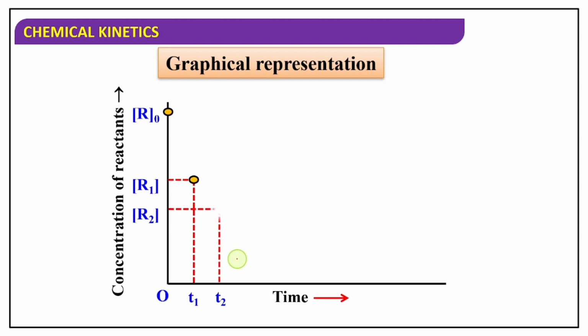At time t2, I observe the concentration of the reactant R2. You can clearly see as time increases, the concentration of the reactant keeps on decreasing, right? If I keep on doing it, I will get a graph like this. Initially the concentration of the reactant was high, and when time increases, the concentration of the reactant goes on decreasing.